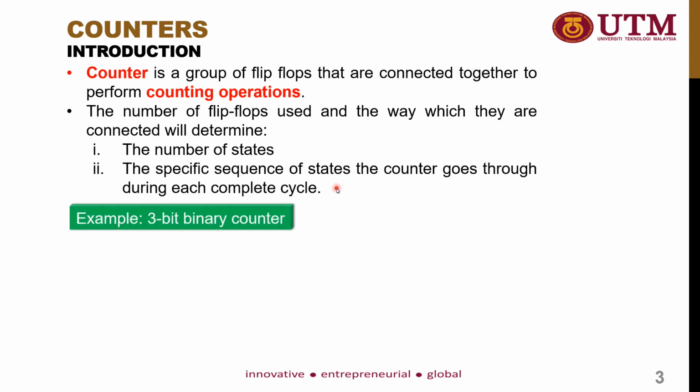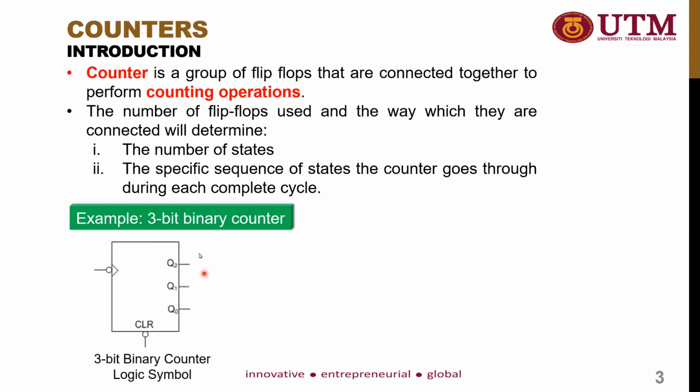The example of one of the counters is a 3-bit binary counter. This is the logic symbol of the 3-bit binary counter. For this counter, you see here the clock is negative edge triggered. It means that the output will change at the falling edge of the clock.